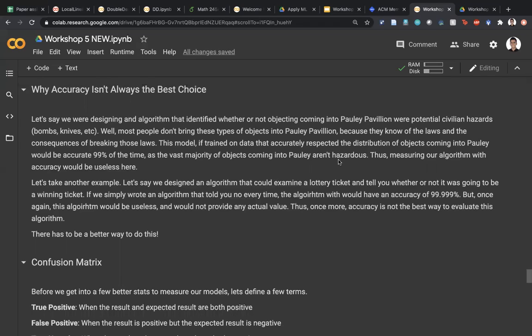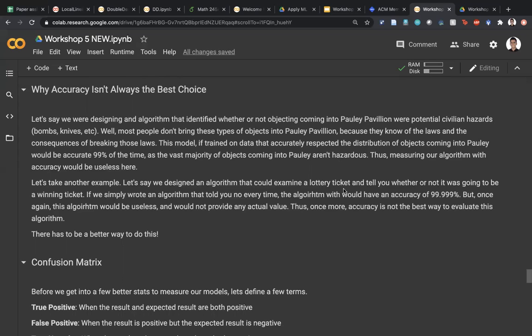In that second paragraph, we talk about a lottery ticket. Let's say we design an algorithm that, given a lottery ticket number, tells you whether or not that ticket was a winning ticket. Instead of doing any fancy machine learning, we simply wrote an algorithm that every time it saw a lottery ticket, would just tell you no, this lottery ticket is not a winner.